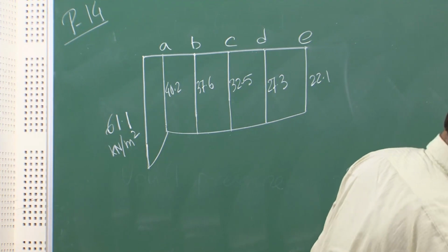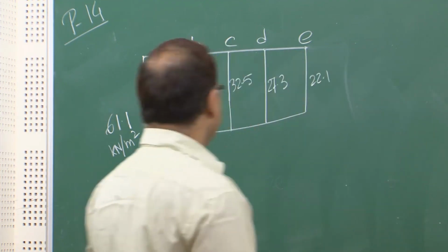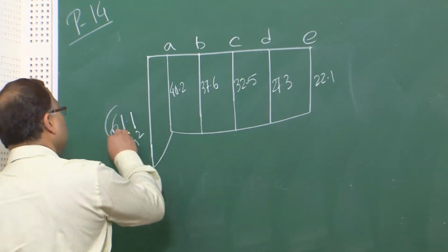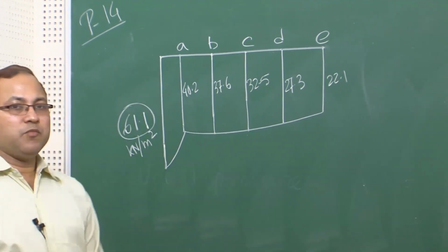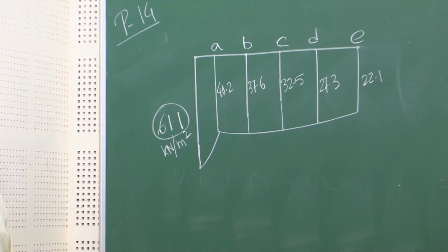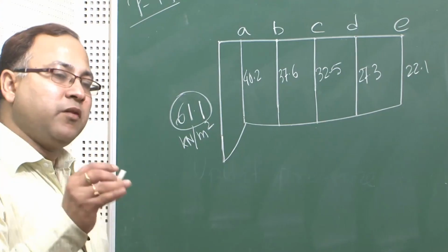Okay. Now you see that you had an uplift pressure of 61.1 kilonewton per meter square just at the upstream end of the base, right.